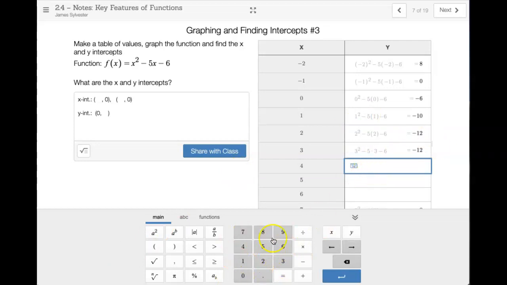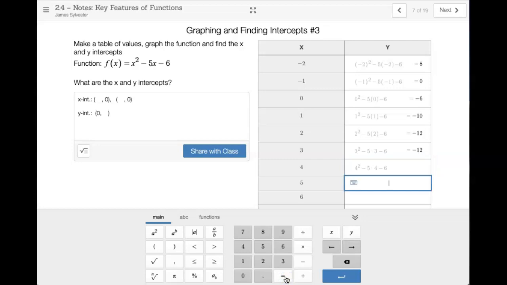Either way, you can use this down here to do that also. Just press enter at the end, right? What you're noticing is, again, a mirror image. On the left and right side, you'll have matching heights. The height of the graph will match on the left and right of the center, or the vertex.